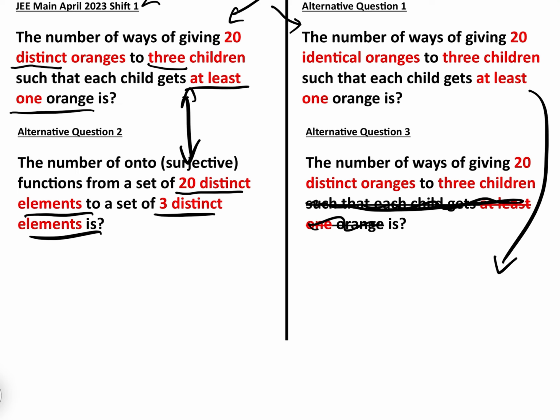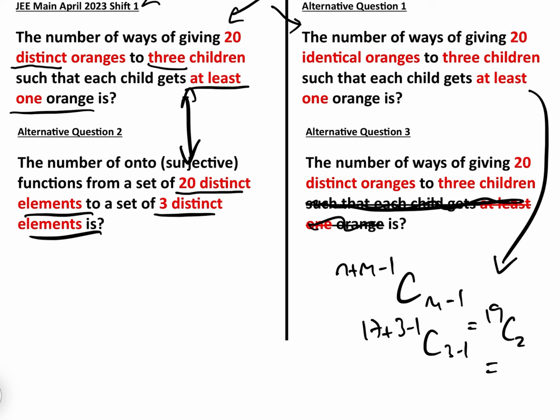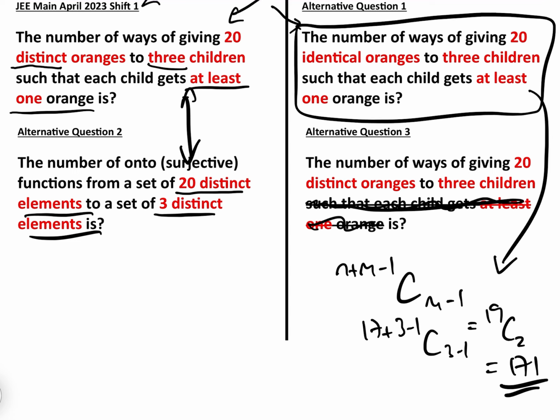So basically we have 20 identical oranges, 3 children, each child gets at least 1 orange, so give each child an orange, and that leaves us with 17 oranges to distribute between 3 children, and we do that by using the formula which we've already discussed in previous videos, n plus m minus 1 C m minus 1, which is 17 plus 3 minus 1 C 3 minus 1, which is 19C2, which equals 171. That is what people answer when they think they're answering that, and it is incorrect.